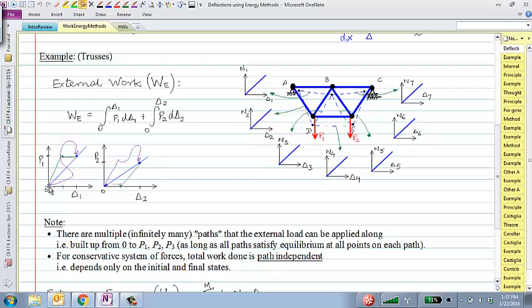And I showed you last time that if you load them simultaneously, then you would again be climbing up this curve of P1 versus delta 1 and P2 versus delta 2 along the blue lines. So even in that case, the total external work done would always be half P1 delta 1 plus half P2 delta 2, no matter which order you finally end up with there. Okay.